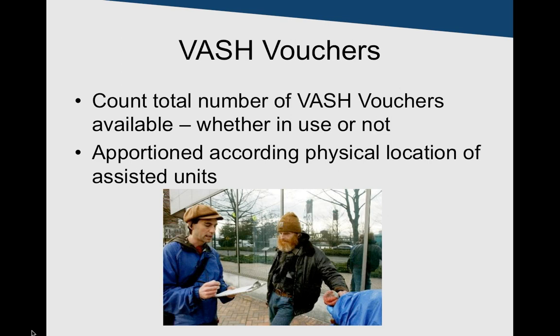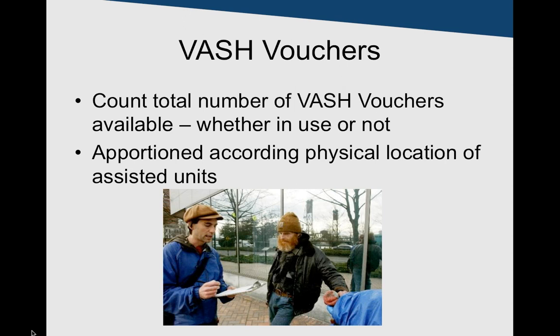The next piece is around the VASH vouchers specifically. So those that are served by the Veterans Affairs Supportive Housing, or VASH, vouchers. In this case, CoCs must count the total number of VASH vouchers available for use on the night of the HIC and PIT count, regardless of whether or not the voucher is presently being used.